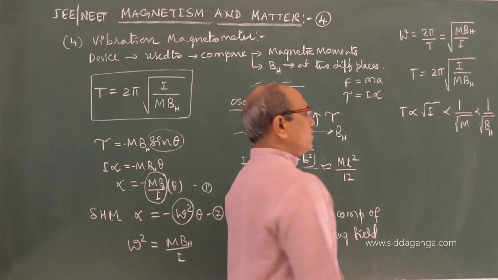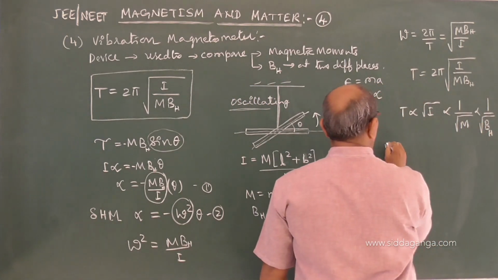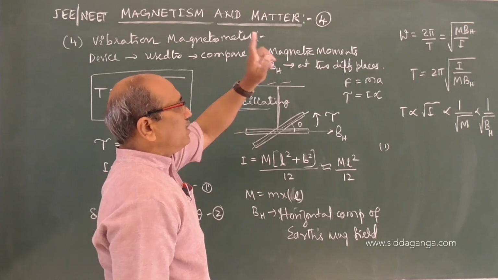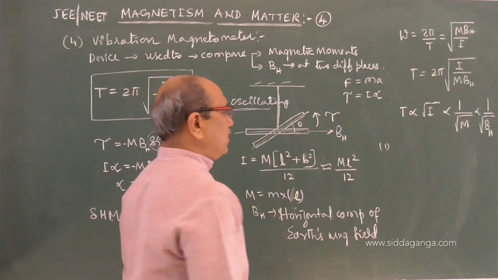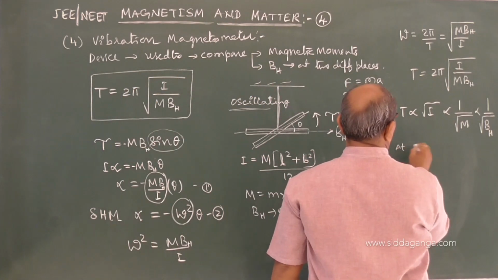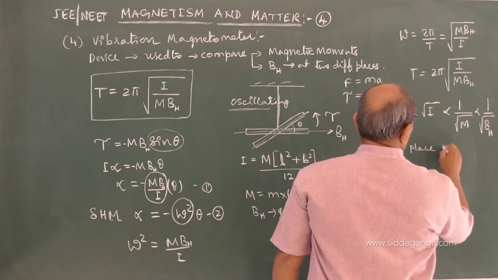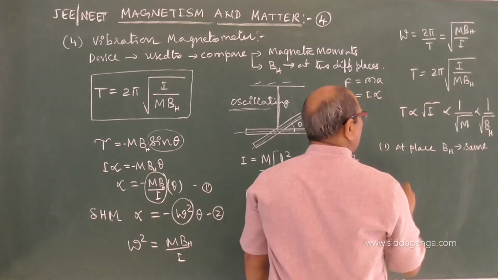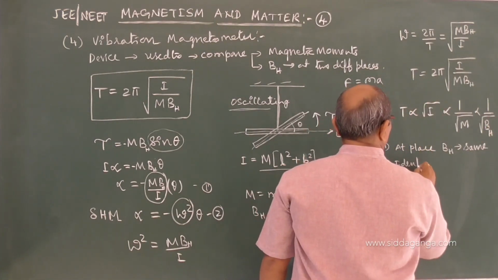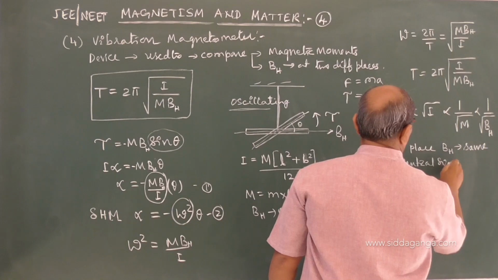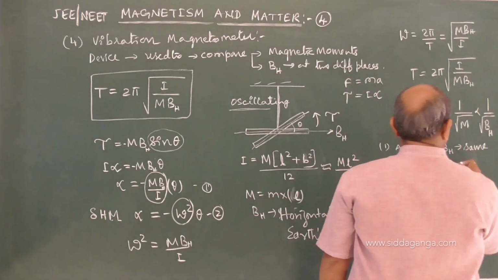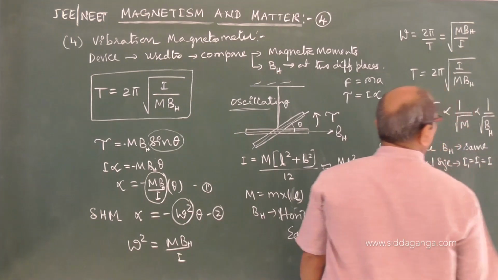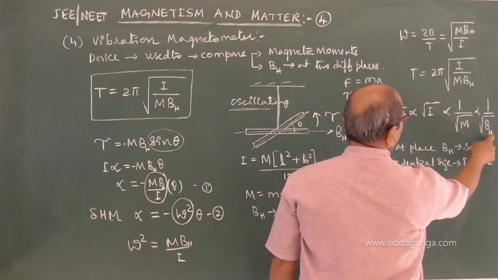First, how can this application of comparison of magnetic moments be done? At a place, BH is the same, magnets of identical size, moment of inertia I same, BH same.